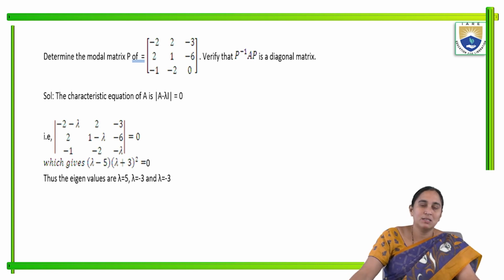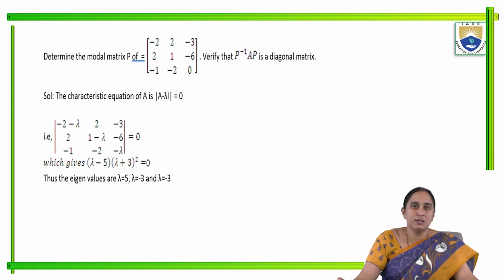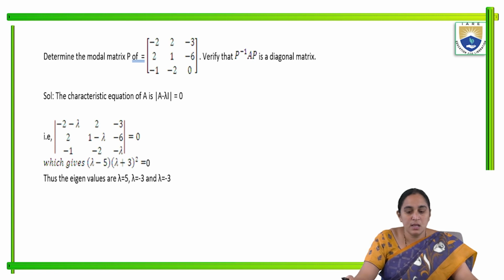Whatever form they give, this is a diagonal form only. Now determine the model matrix. We know that after finding the eigenvectors of A, we write them as one matrix, and that matrix is called the model matrix. After that we have to verify whether P inverse AP is diagonal or not.